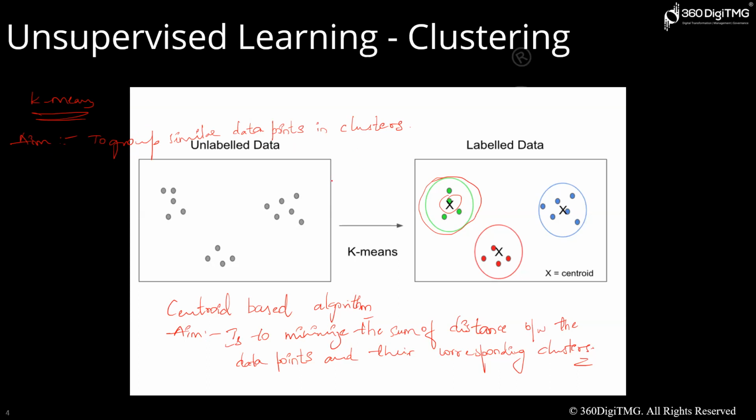To group these similar points into clusters, we should have something called a centroid. So we use the centroid-based algorithm, where the aim is to minimize the sum of distance between the data points and their corresponding clusters.